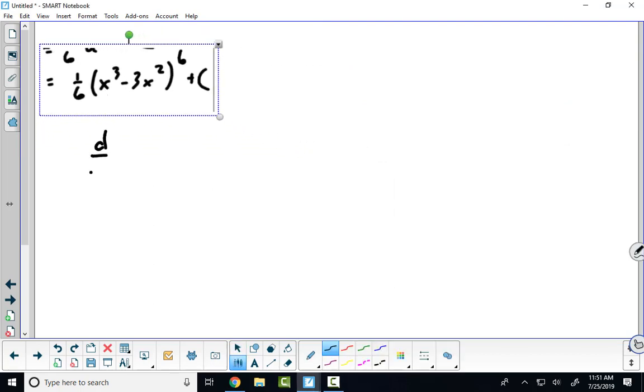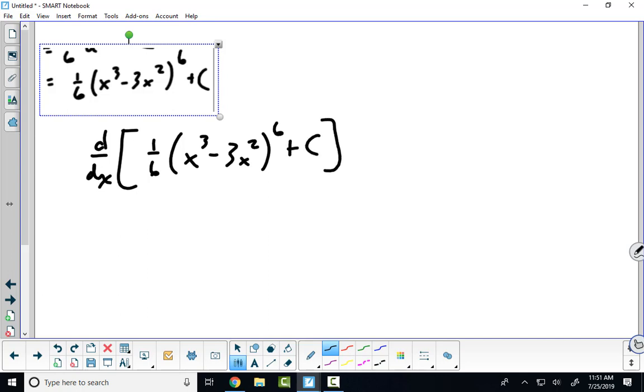So I'm going to take d/dx of 1/6 times x cubed minus 3x squared to the sixth power plus c. For the first term, I'm going to first apply the power rule, right? The outside piece is a power function. So I apply the power rule, and I get 1/6 times 6 times this whole mess, subtract 1 from the exponent, to the fifth power.